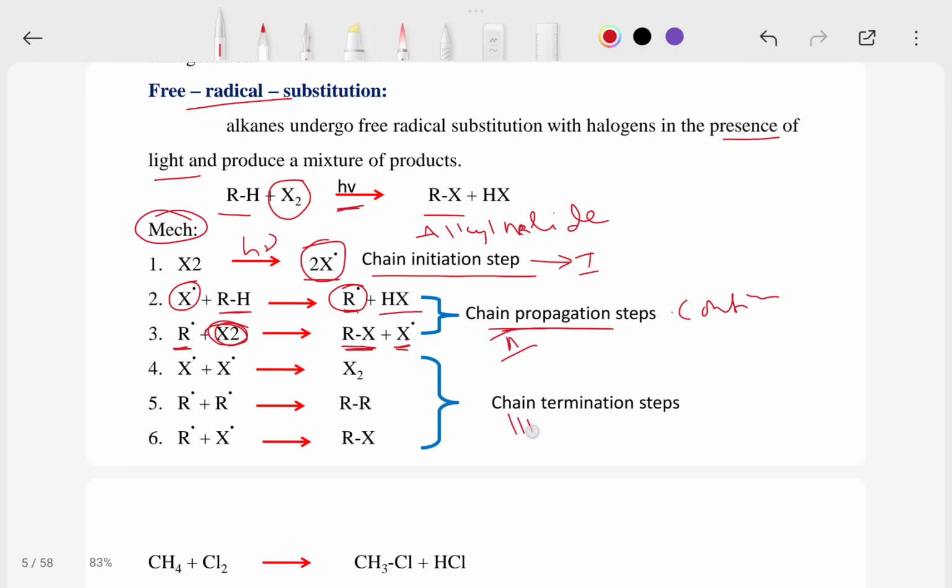The next one is the third step, called the chain termination step.